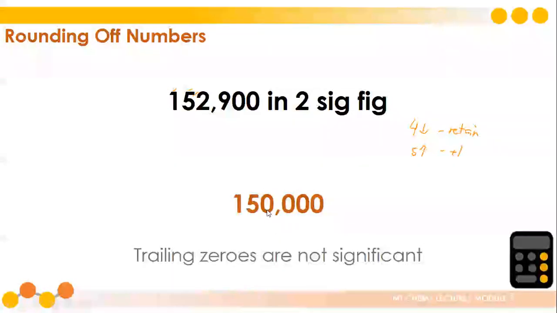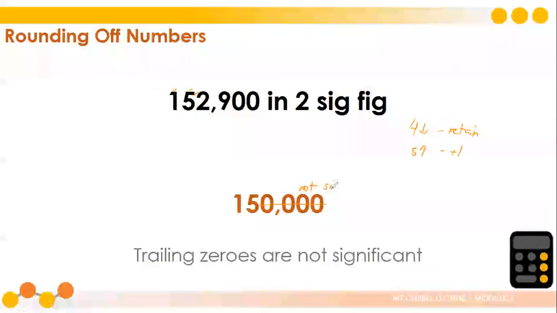Your final answer should be 150,000. You might be asking, ma'am, there are zeros. You did not remove the zeros. If you were to remove the zeros, the value will change. Remember that trailing zeros are not significant, especially if there is no decimal point. Since we don't have a decimal point in here, these are still not significant.